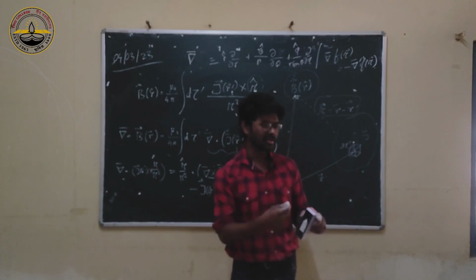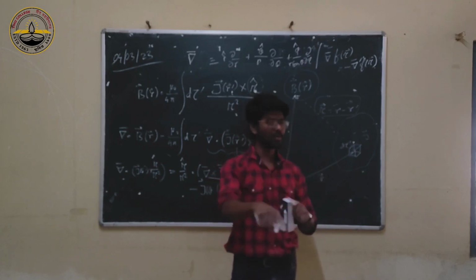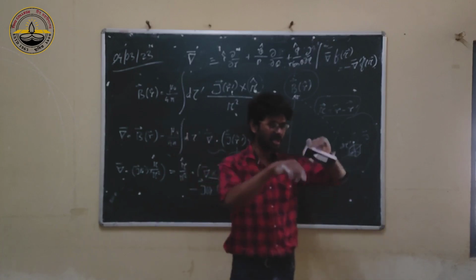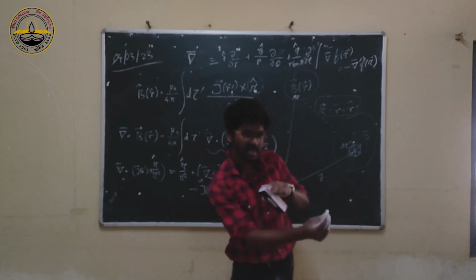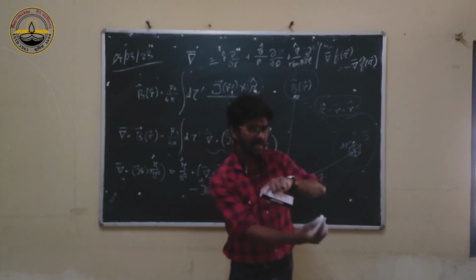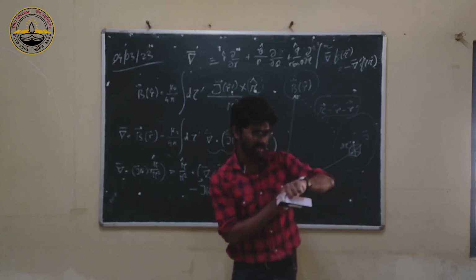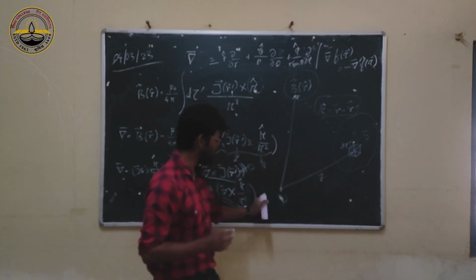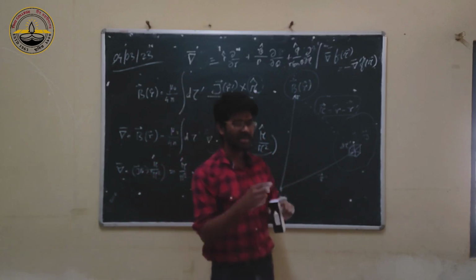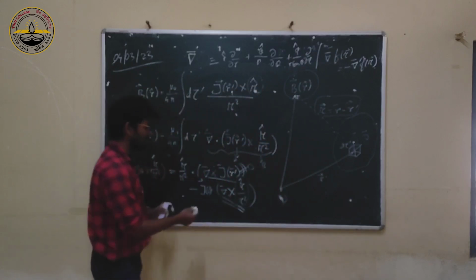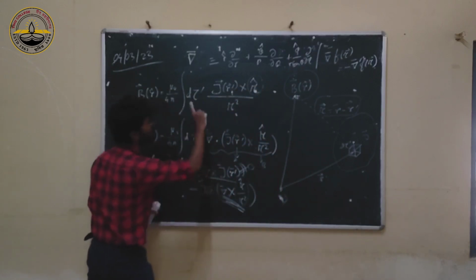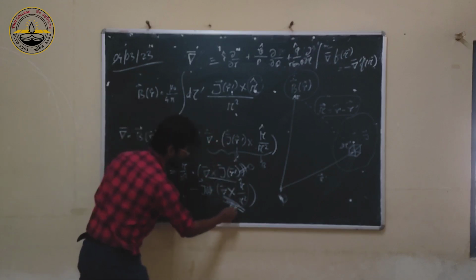It is the rotation. This thing has no rotation. It's just diverging in all directions symmetrically. So if you took any path and did this dot dl integration, you will find that it is 0. And that's why the curl of this thing, if you calculate explicitly, will be 0.